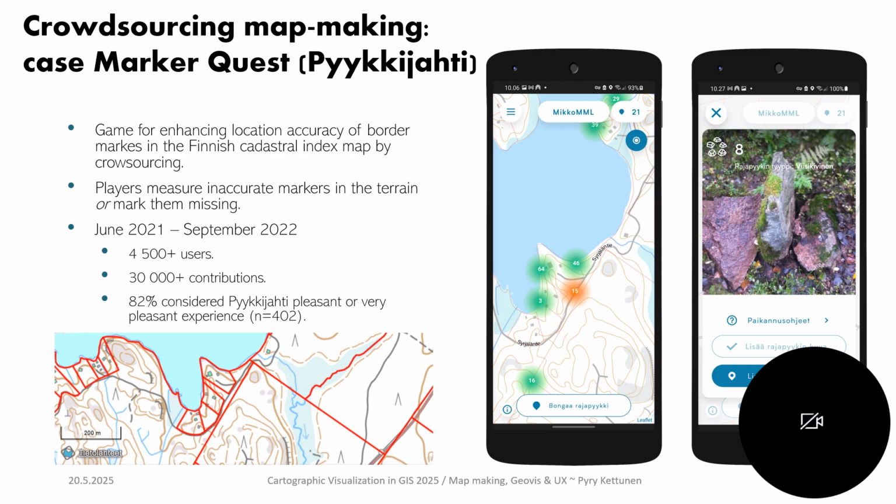orange points were border markers not found yet, and people were to go and find them. And we had very keen participation during Corona times that maybe helped us, with more than 4,500 users and more than 30,000 contributions during a little bit more than 1 year.